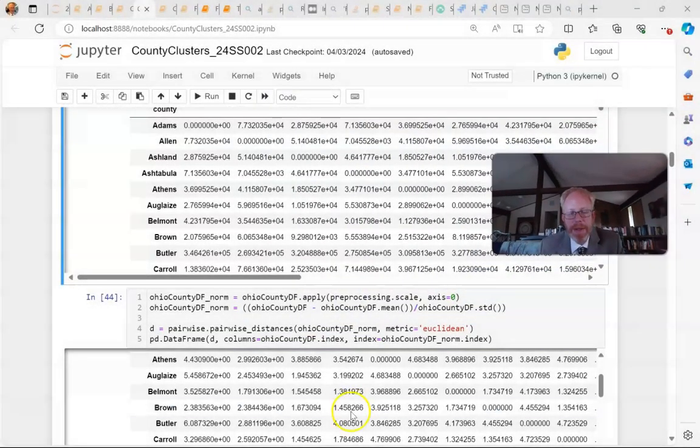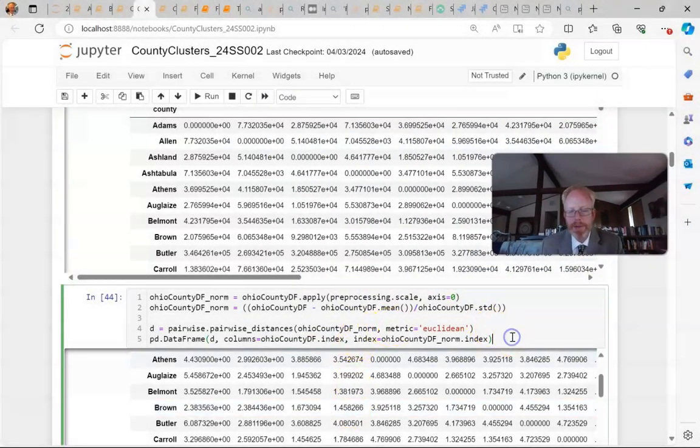So now the number that results is going to be a number where the mean of a whole unit is 0, and we're looking at standard deviations from the mean. So this will put our metrics on the same scale in case we have things of very different scale, like total population, which could be hundreds of thousands, versus unemployed percent, which could be maybe 16 or something like that.